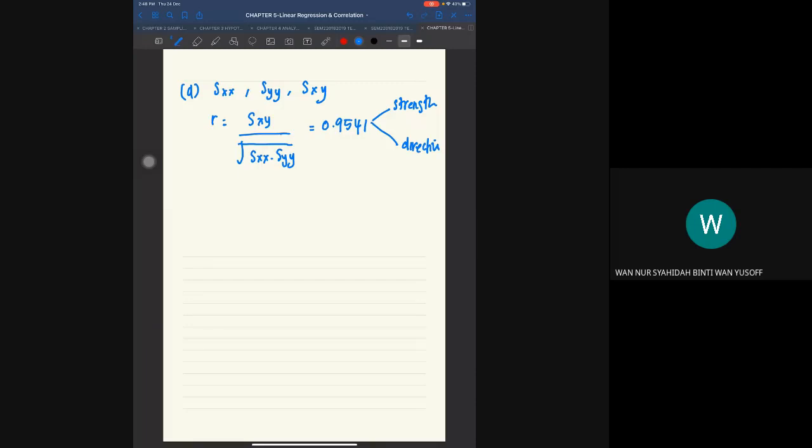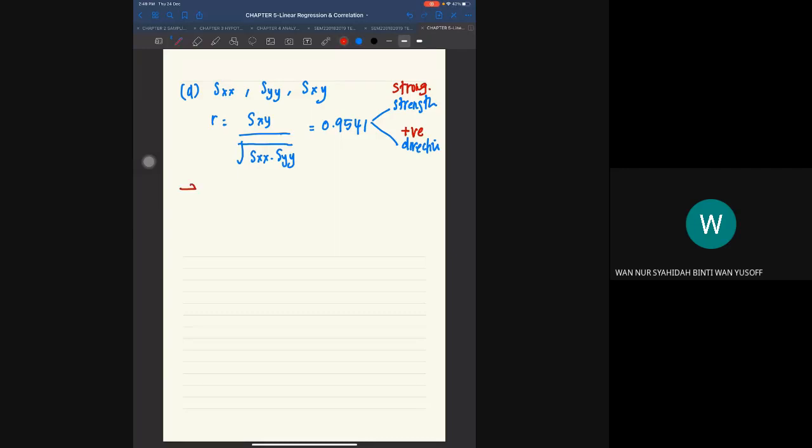So what is the direction of your relationship here? Positive. Strength? Strong. Okay, so we need to have these two measurements in our interpretation.